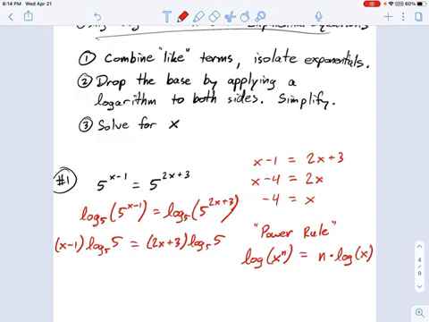And at this point, there's 2 ways you can do this. You could imagine dividing each side by log base 5 of 5. And look, that's going to cancel out. And likewise, it's going to cancel out both sides, actually, log base 5 of 5. You can do it that way. Or you can also recognize that log base 5 of 5 is just 1.